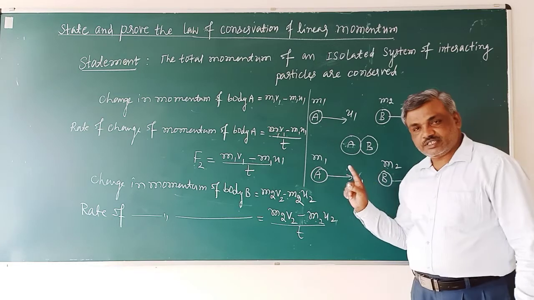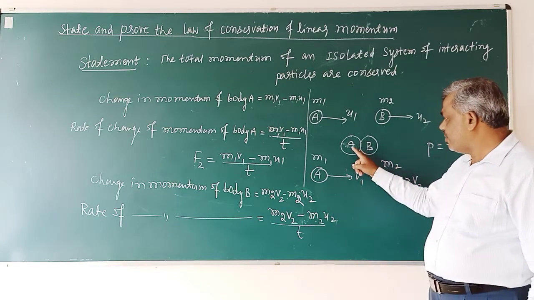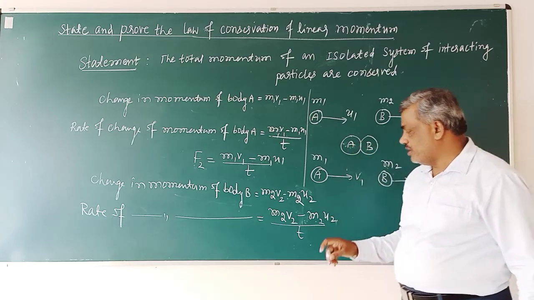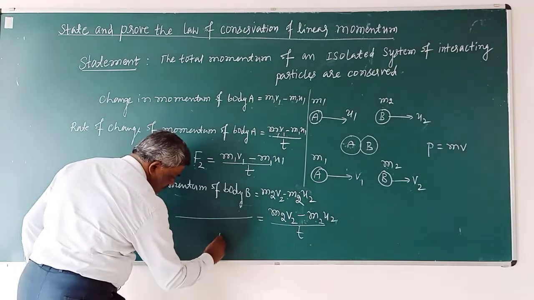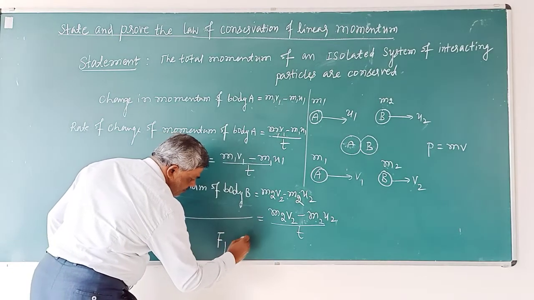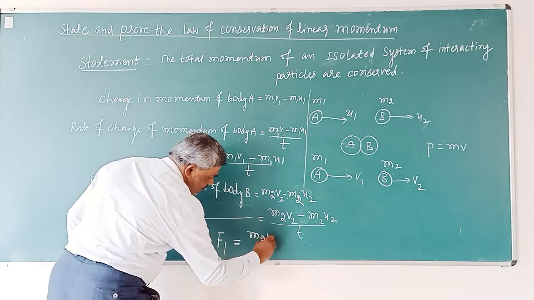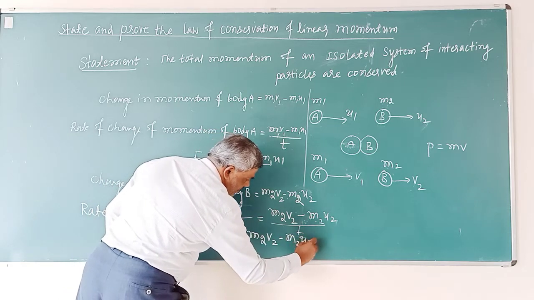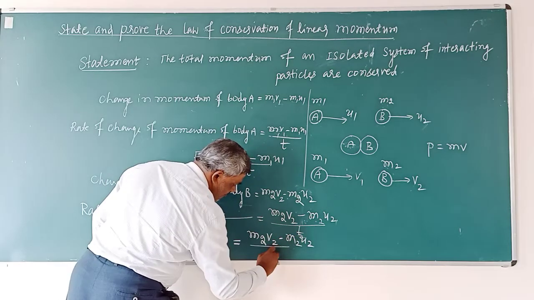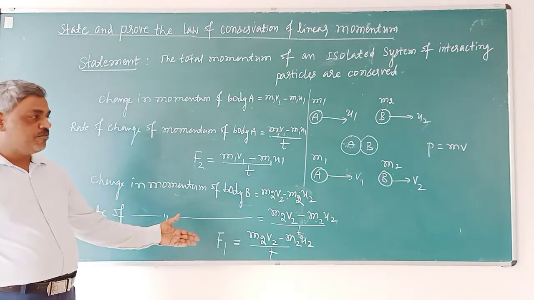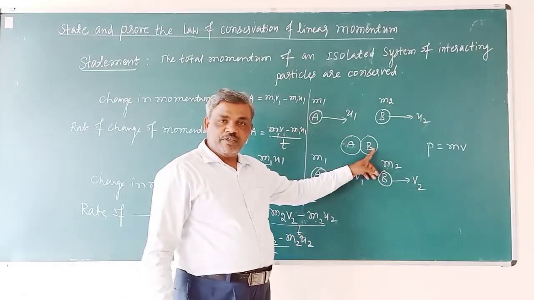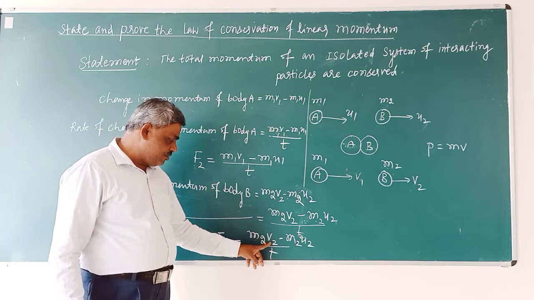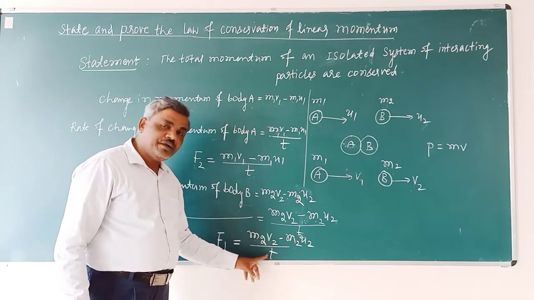Now the force exerted on body A by body B, that is F1, equals m2 v2 minus m2 u2 divided by t.